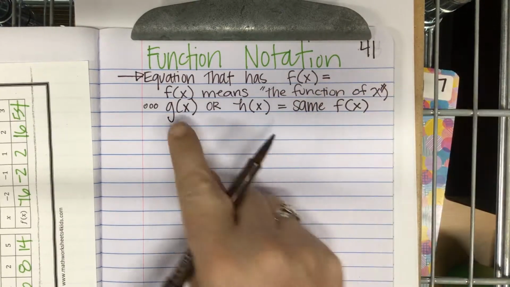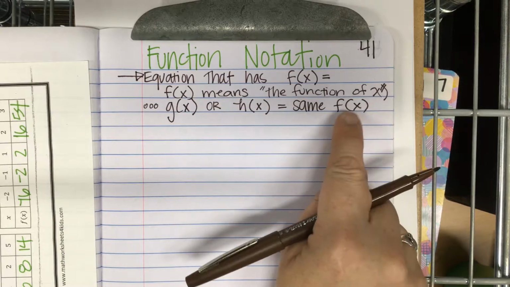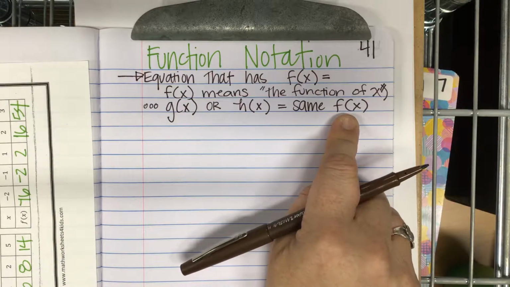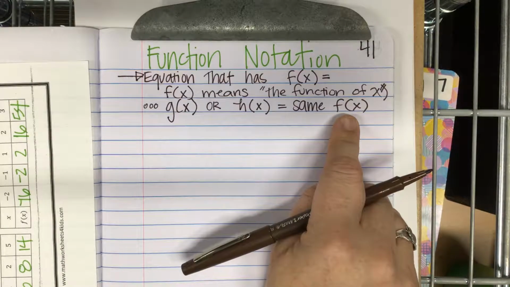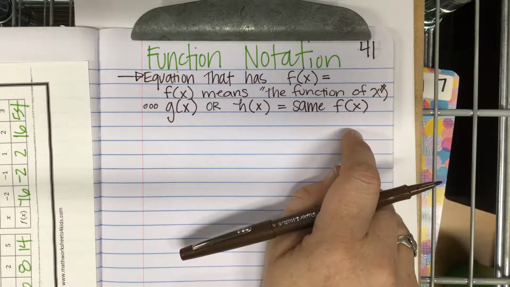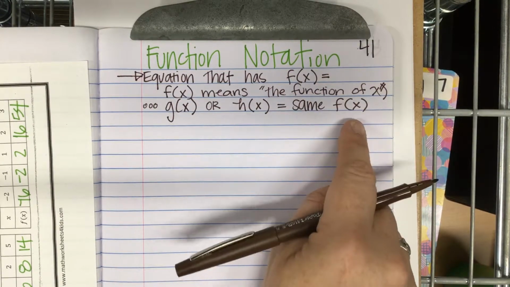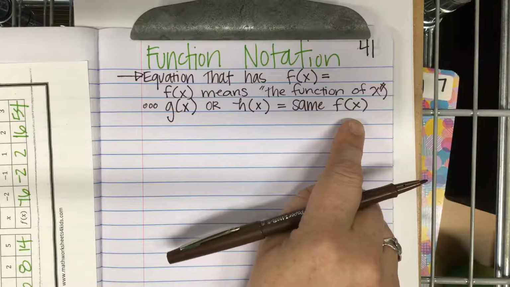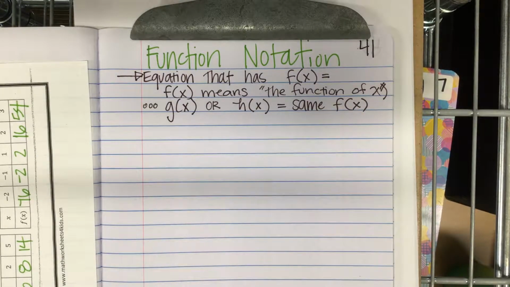You usually see f of x and g of x if you're comparing two things in the same problem. I'm going to have one equation called f of x, and my other equation that I'm comparing be g of x. It's just a different name, but they're interchangeable. They all have the same meaning. We just use different variables for different circumstances.